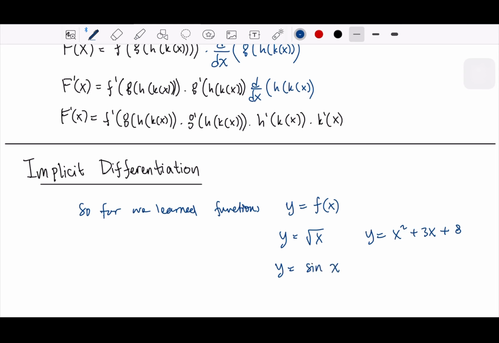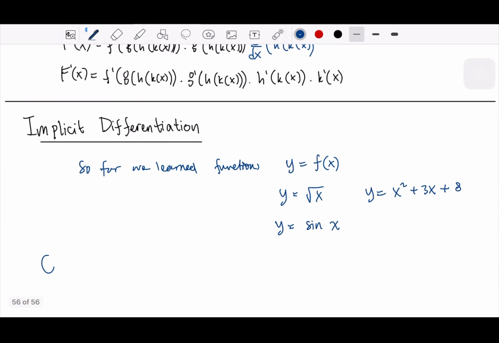All these functions have only one variable, a single variable x. Now the implicit case is when we have another variable inside the expression, which is our y.